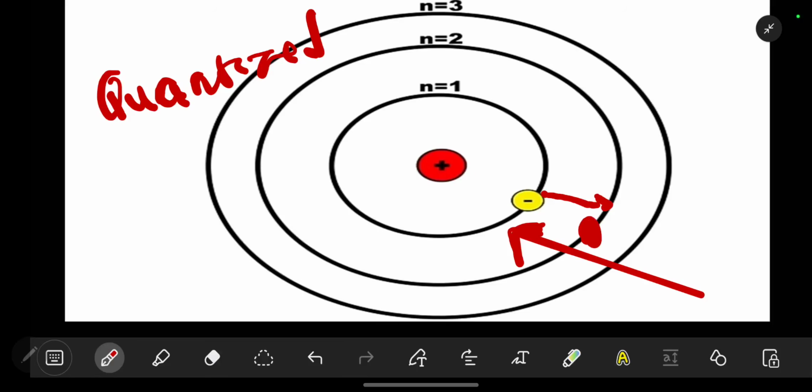This is simply because each energy level has got quantized energy, meaning to say it has got a specific amount of energy in each energy level. Therefore, since the energy is quantized, when there is a gain in the energy, an electron will jump from one energy level to the next.